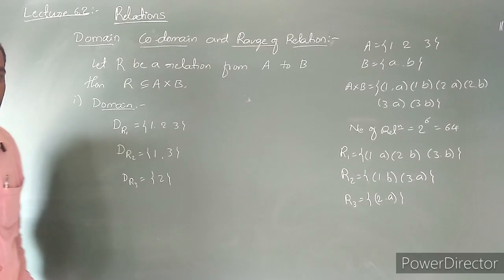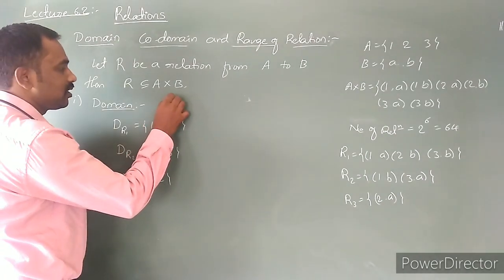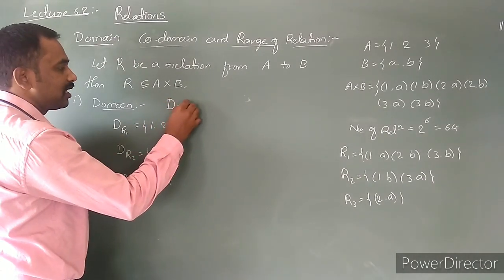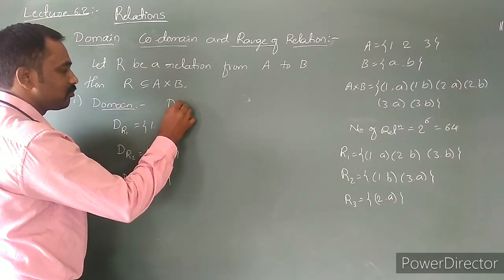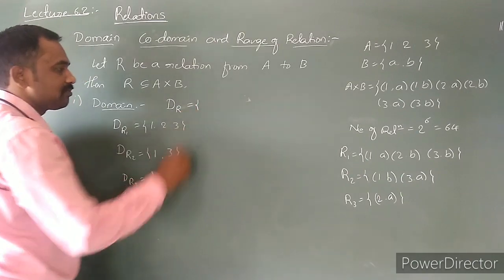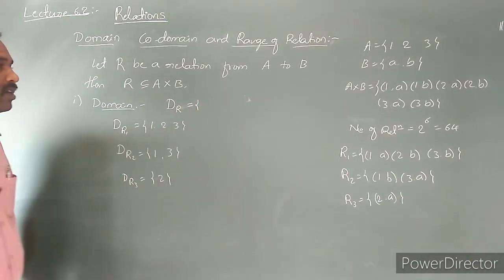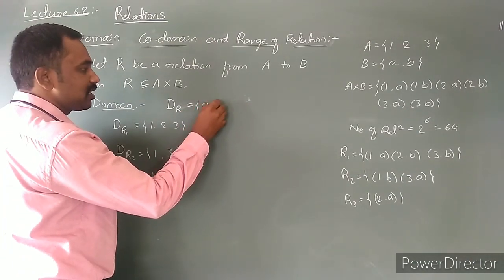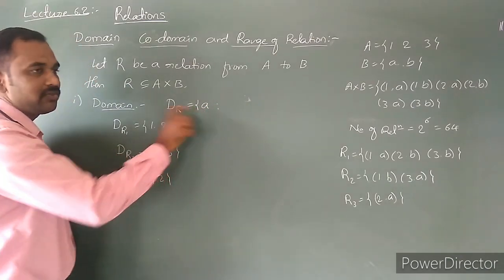Now, the general definition. It is denoted by D suffix R, and we can write it symbolically. What is the domain of the relation? The first element is nothing but a. From where do we have to choose?